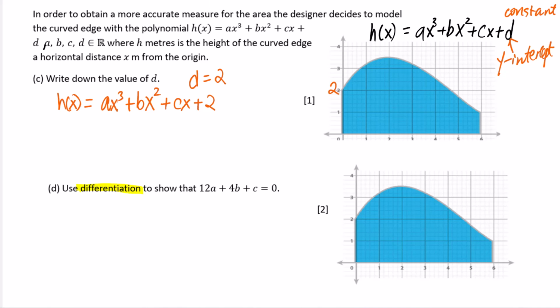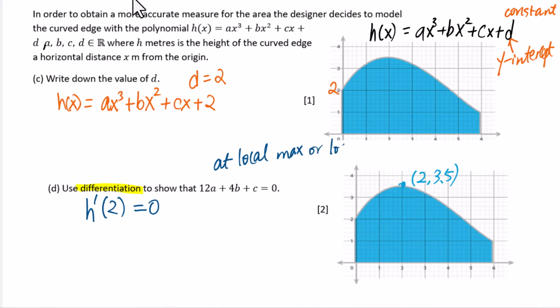We are given the local maximum is 3.5, which means h'(2) = 0, because the derivative at a local maximum or local minimum is f'(x) = 0.